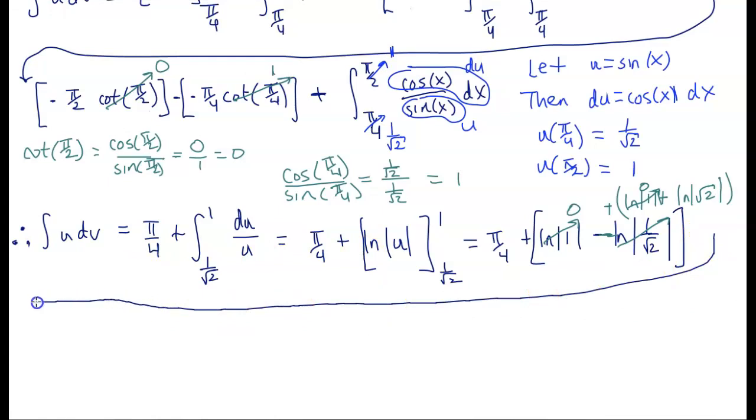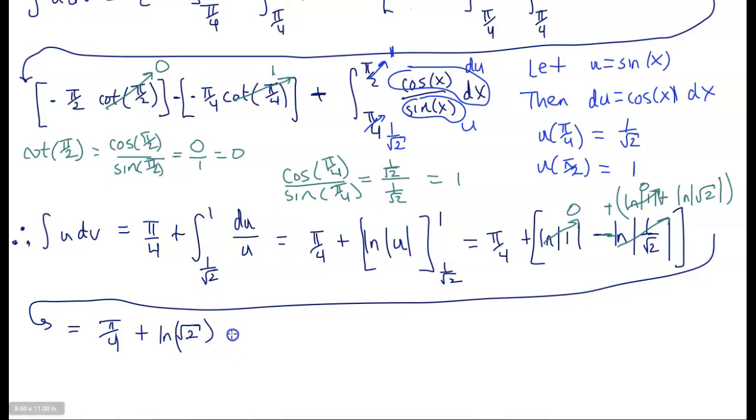So from here, all of that just ends up being pi over 4 plus natural log of square root of 2. And we don't need the absolute value signs because square root of a number that is non-negative will always end up being positive.